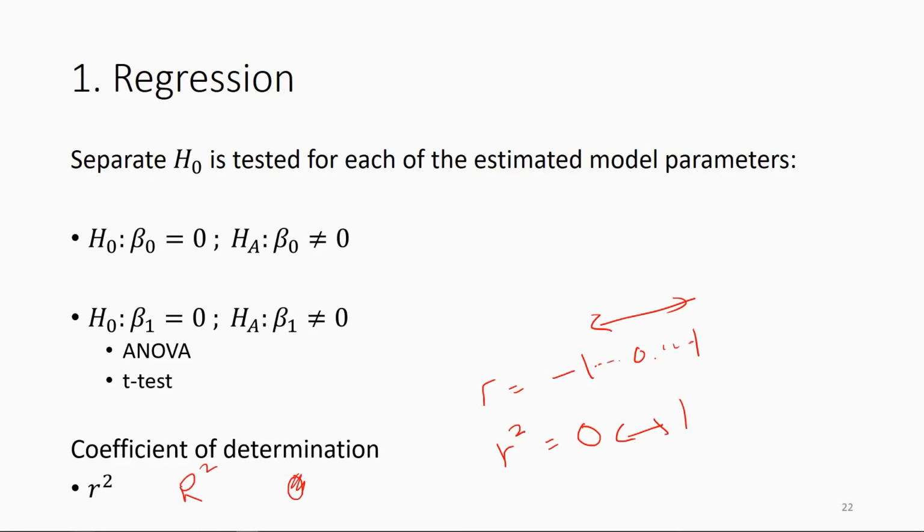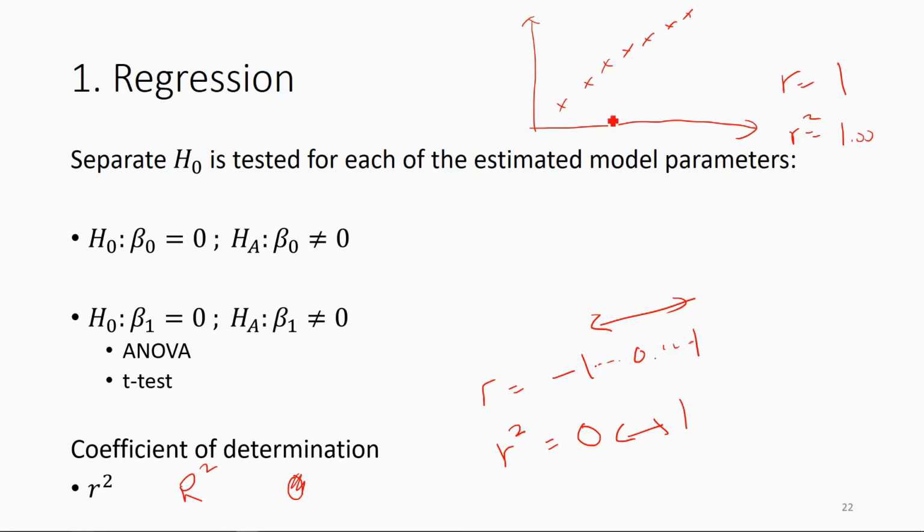If you still remember the example that we did in Excel for the correlation, we have data set A and B, and you see it's a perfect line, right? And we calculated R equal to 1. So R squared is equal to 1 also.